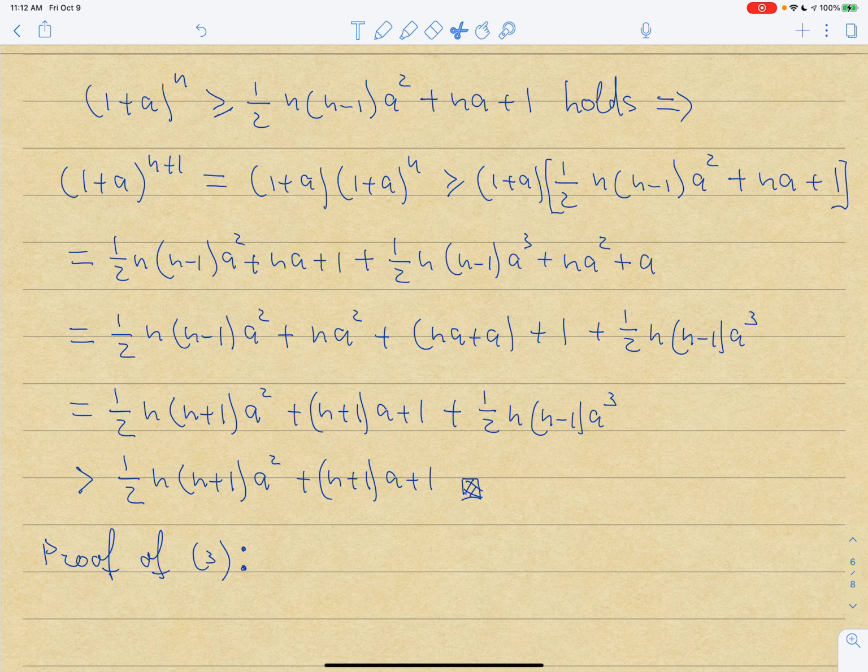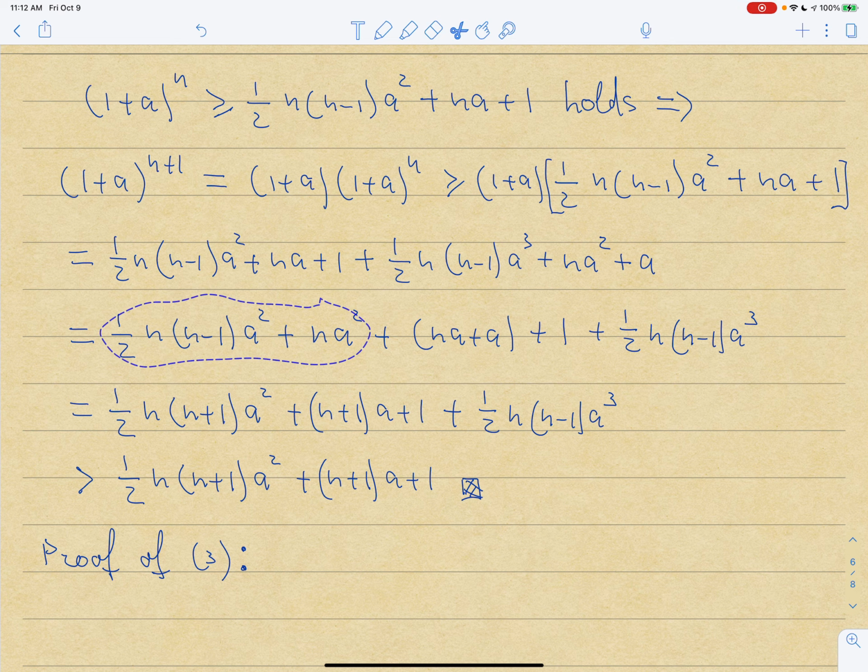All right, so now I can combine things. Actually, I don't need to combine anything for 1 because 1 is just there by itself. Then na plus a, I can factor out a to get n plus 1 times a. And for these two terms, there is a common factor of n a squared.